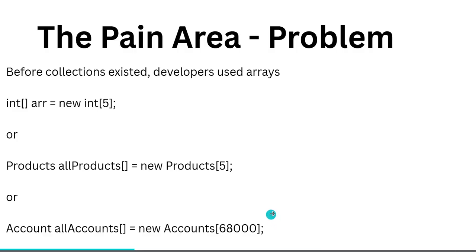Let's say one more customer wishes to open an account. Do we have that memory? No, we cannot cater to one more customer. Although we are able to store 68,000 records, we are not able to store one more account's information. That is the problem area.